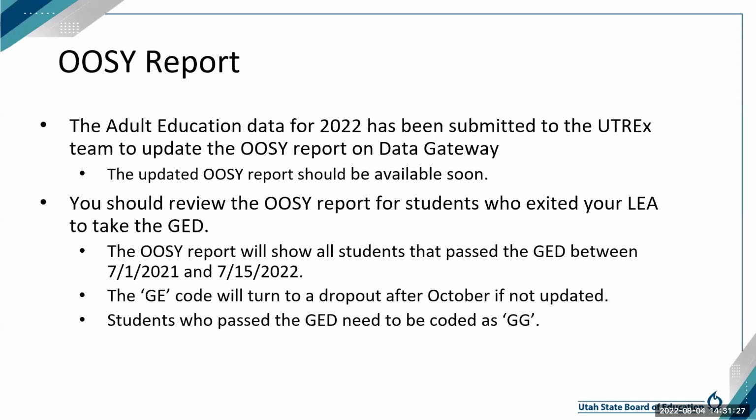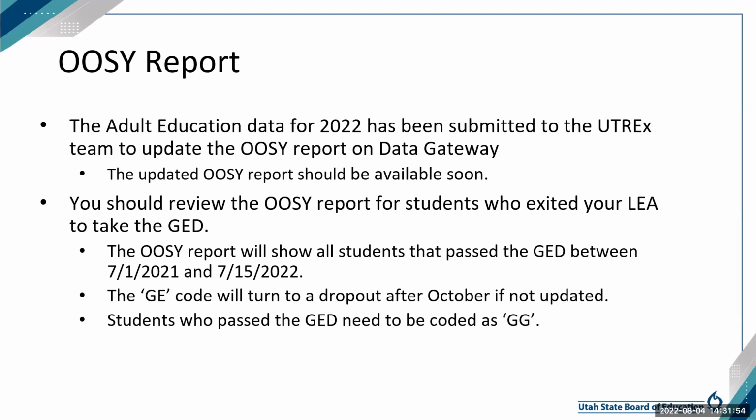Okay, the UTREx report with adult education for data that's been submitted to UTREx is going to be available soon. I know that the IT team is going to be working on this fairly soon. You should review this report for students who exited your LEA to take the GED.